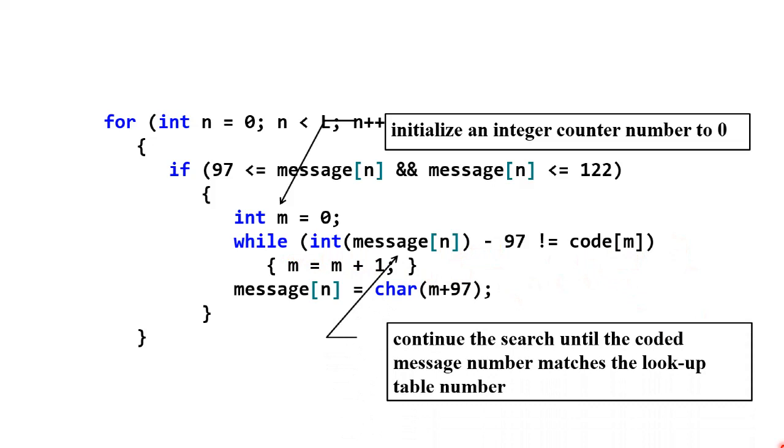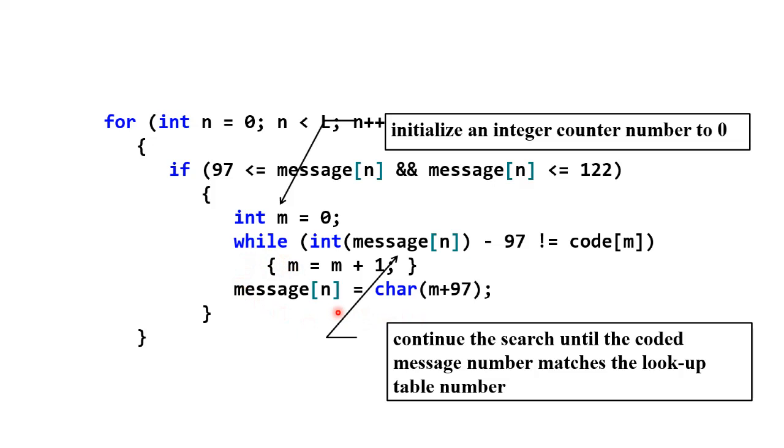So continue the search until the coded message number matches the lookup table number. And when that occurs, it'll go back to this while loop, and these will be exactly equal to each other, and that will return a false. And in that case, it will not increment the value of M.